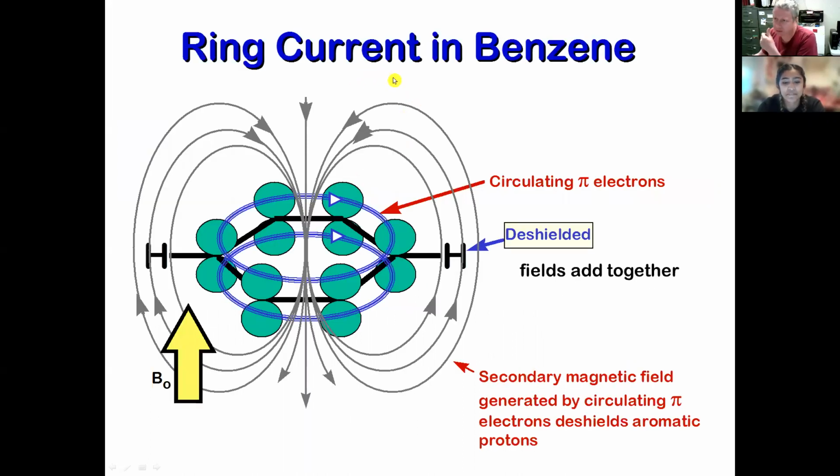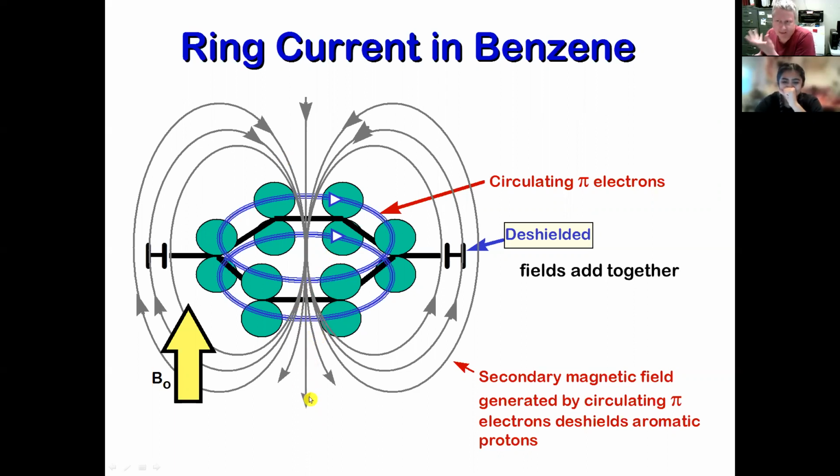This is called a ring current diagram. What this is showing is that if you have a benzene, you have a magnetic field, and then the pi electrons of the benzene make these little ring currents. Basically the electrons create an opposing magnetic field in the middle of benzene.